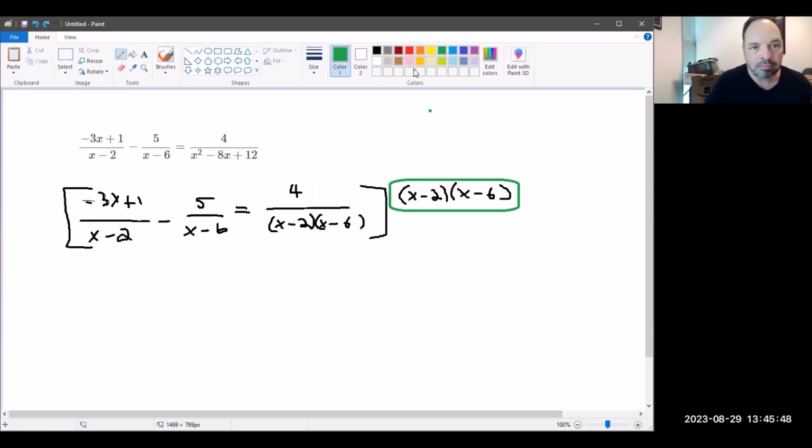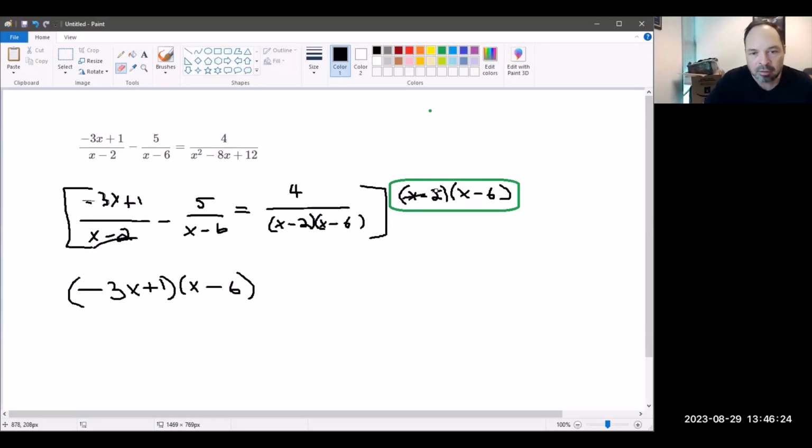In doing that, what ends up happening is that the x minus 2's are going to cancel first. And I'm going to be left with an x minus 6 when I multiply by this first term.